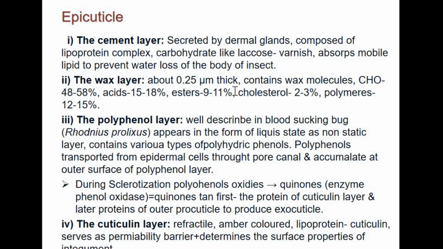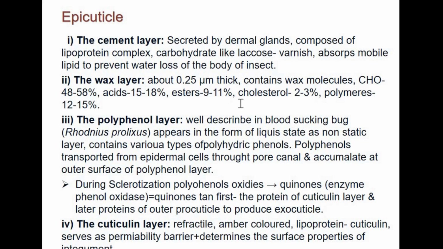It is composed of hydrocarbons, about 48 to 58%, free fatty acids, 15 to 80%, esters, 9 to 11%, cholesterol, 2 to 3%, and polymers, 12 to 15%.